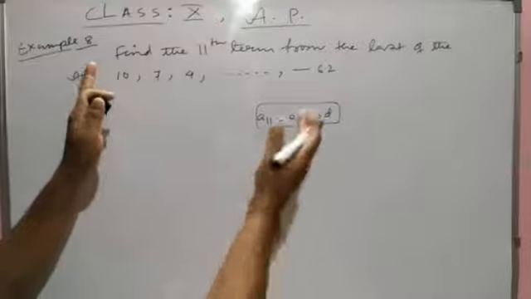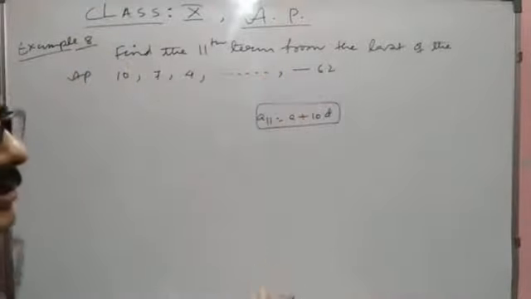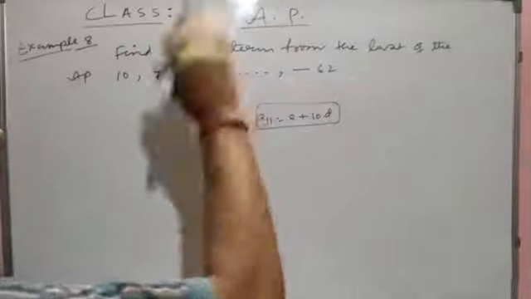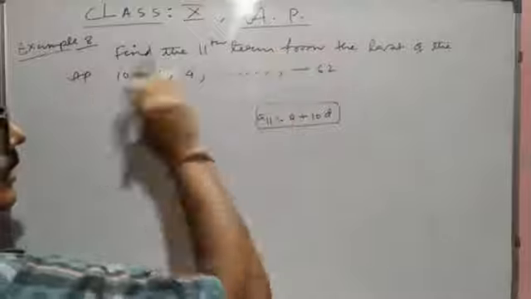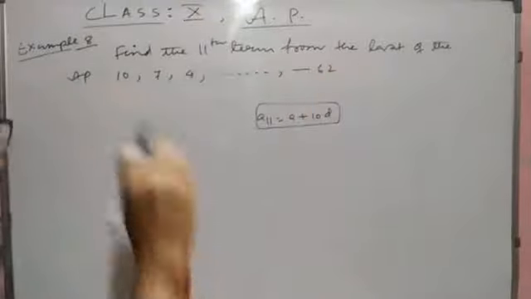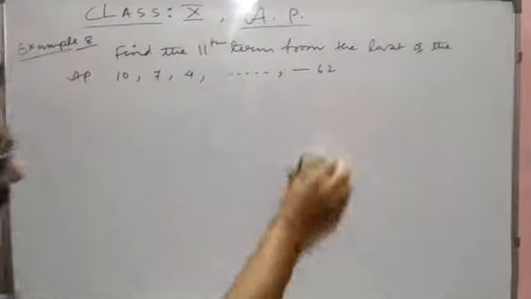So what we do? We reverse the AP. We'll write this AP in reverse order. That is, first term will be last term. In this way, first term will be last term and last term will be first term. We'll reverse the AP. So, now see the solution.